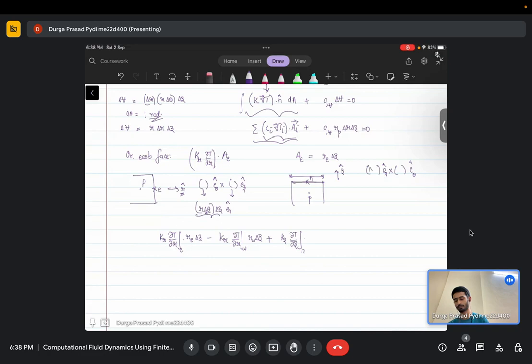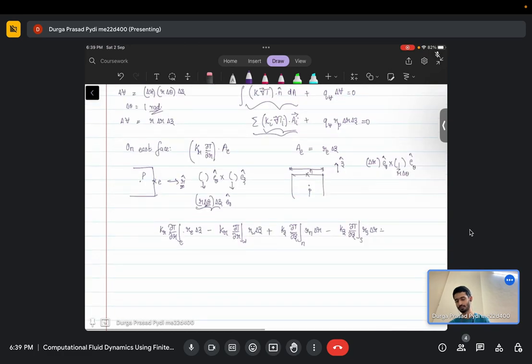So here your element is delta r, here your elemental length is r delta theta. So it will be similar. So you'll have an r north delta r, instead of delta z you will have a delta r. On the south face, and then you have a source term that is QV times RP delta r delta z equals to 0.